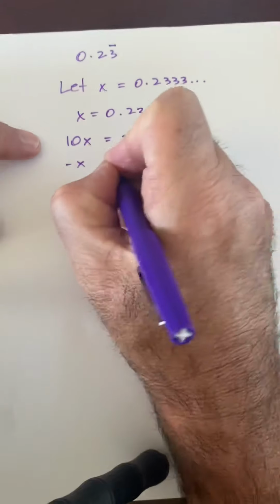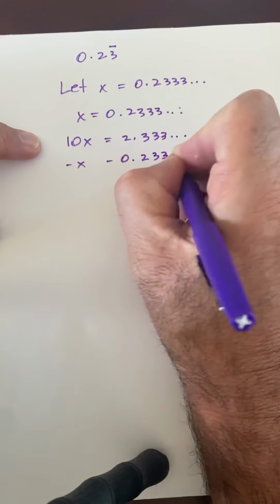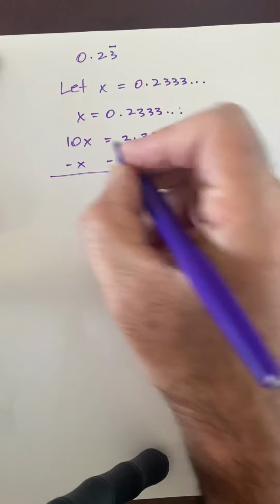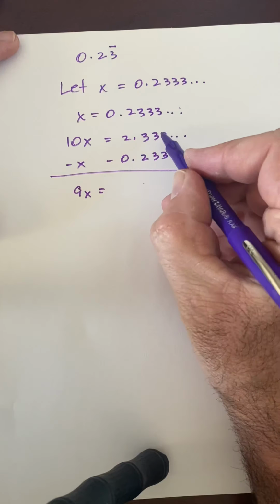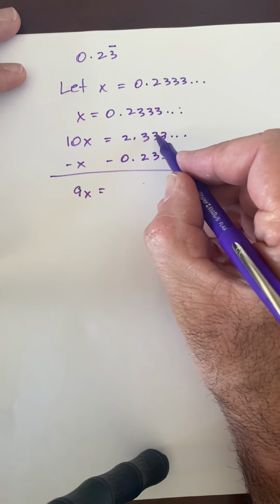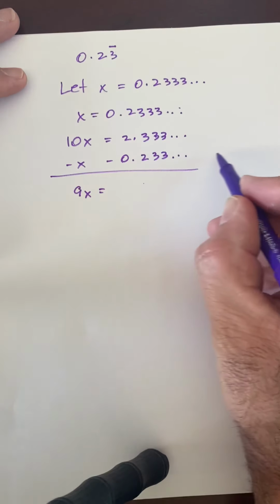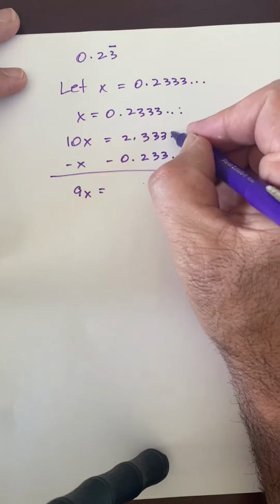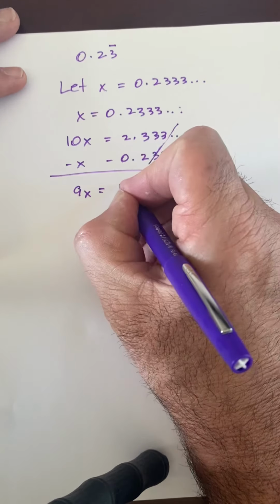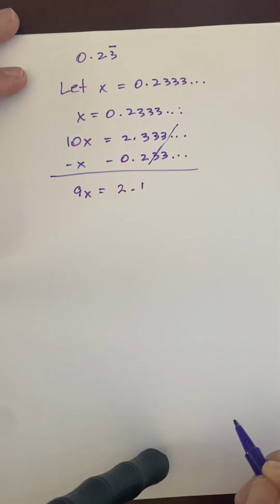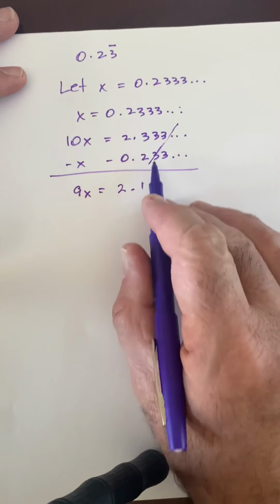Subtract x here, subtract 0.233... 10 minus 1 is 9x. Now look closely here, that from this point on, from the 3 here, forever, matches up with the 3 here, forever. These cancel, but I'm left with 3 minus 2, which is 2.1. But the repeating part is gone. It's a little trickier.